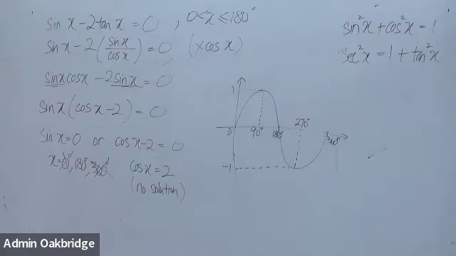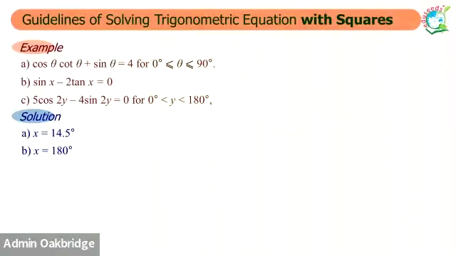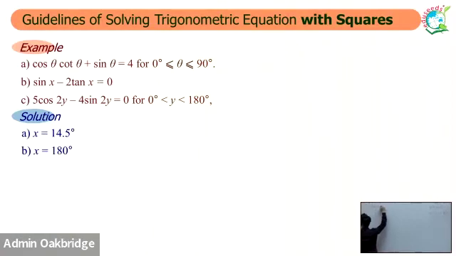Now the last one, C. Pi cos 2y minus 4 sine 2y equals to 0, and y from more than 0 until less than 180.